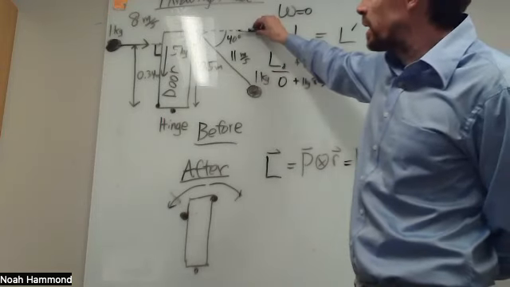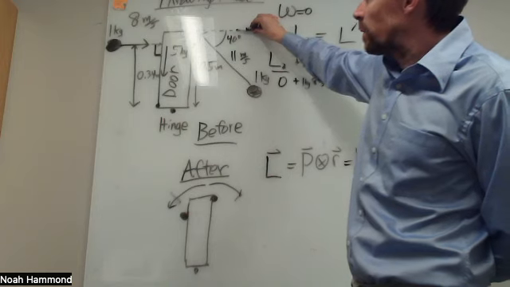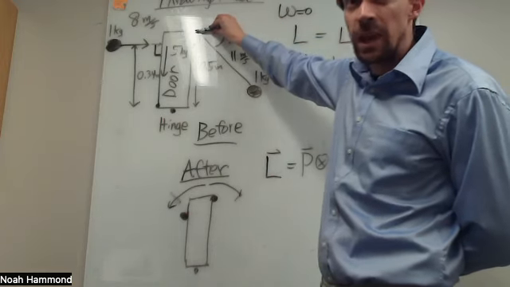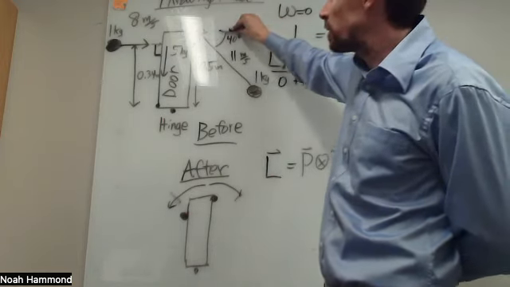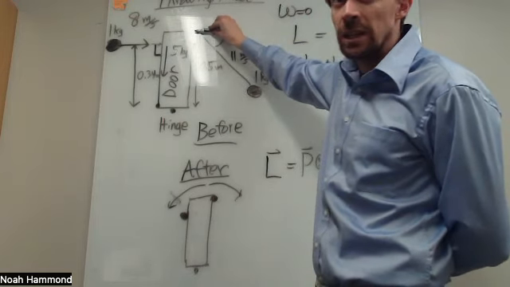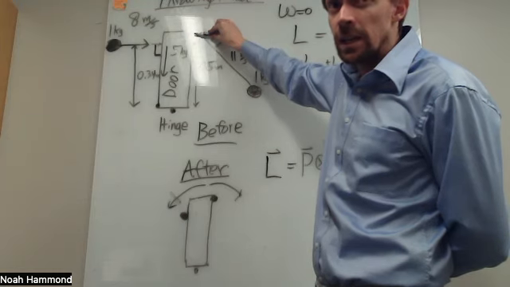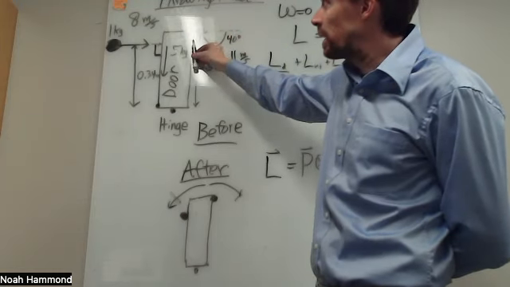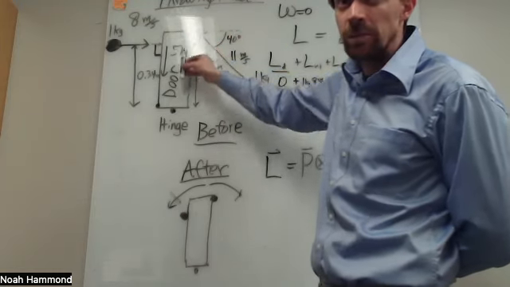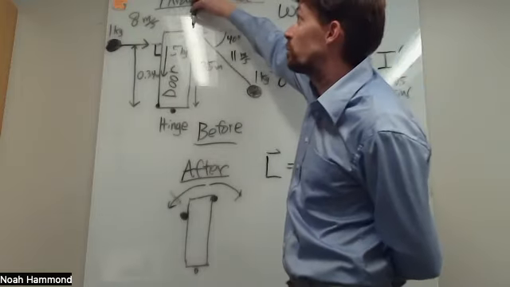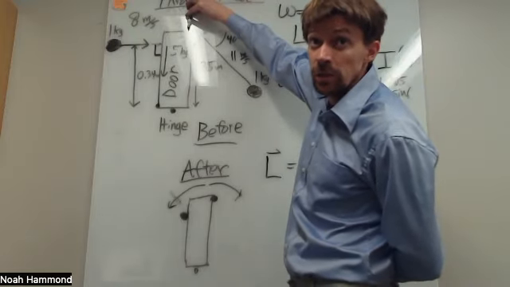So let's think about this for a minute. If we're coming in here and hitting just like the other person, perpendicular, our angle would be 90 degrees, right? And if we threw parallel to the door, that wouldn't make the door rotate at all, right? If you threw straight down, that wouldn't make the door rotate.